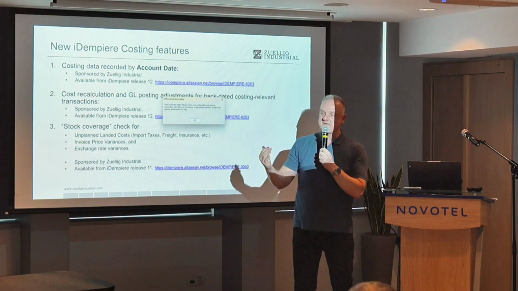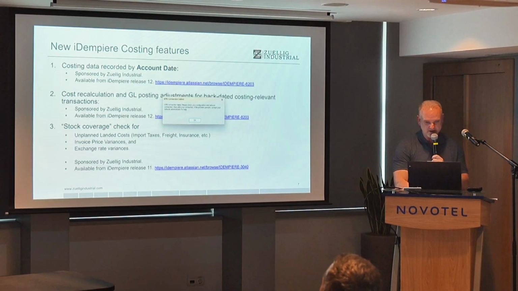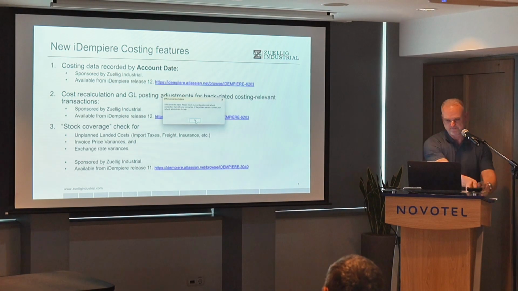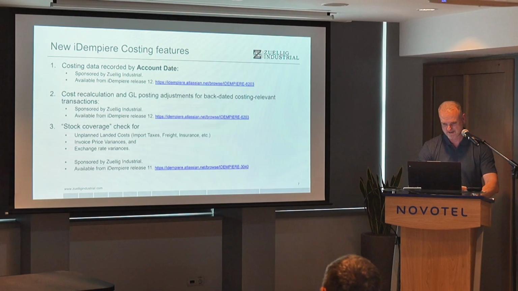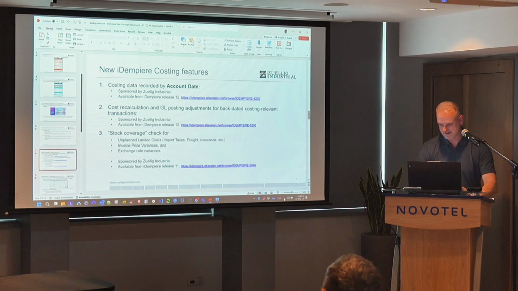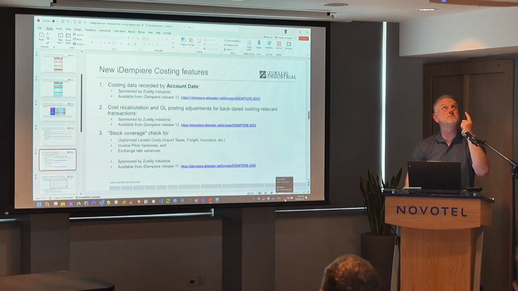So stock coverage is a mechanism. Look at this. I lost my VPN connection now. Maybe it's the signal here, because the Wi-Fi is really weak in this spot.